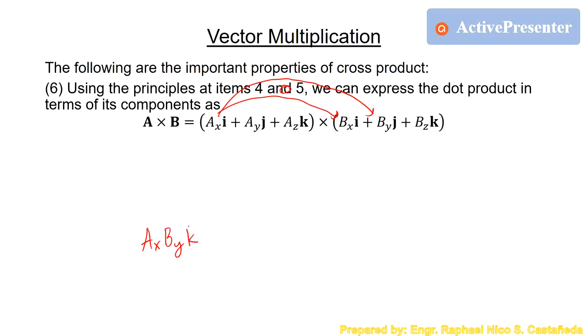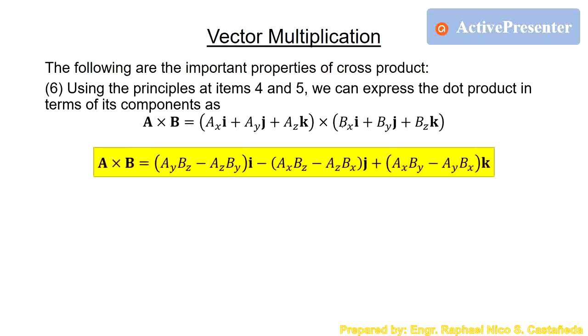If we have AX and BZ, remember that i cross k is negative j. To make this faster, let's just check the formula right here, because this is easier. As you can see, we don't see AX and BX connected to each other because i and i is 0.